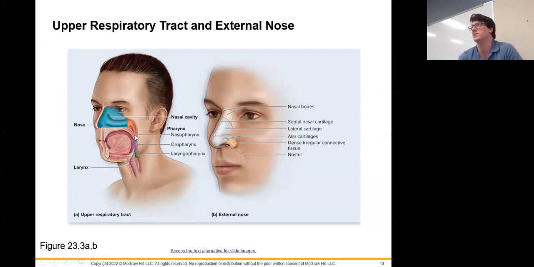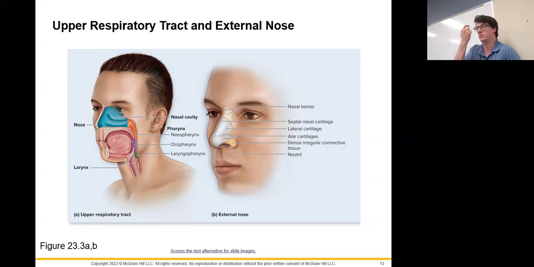Now, your nasal cavity has two major regions, or these big structures right here. These big ridges are what we're going to call either turbinates or nasal conchae. They're called this because if you were to look at them in cross section, from a frontal section, you would see that there's a little bit of a spin or a twist to them.